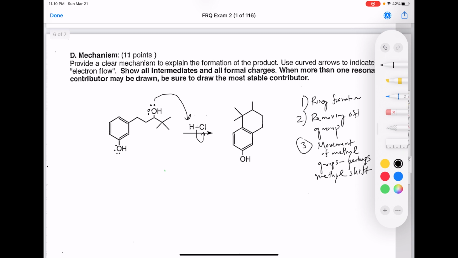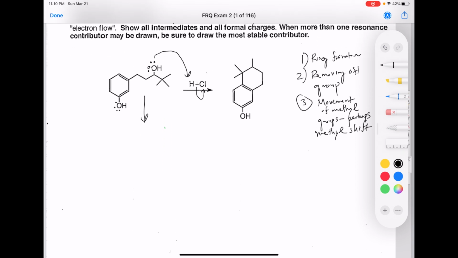And what's going to occur is the formation of a positively charged water substituent. And as you know already from previous tests and questions, this group is a very good leaving group, because once it leaves, it forms water molecules, which are incredibly stable. So this is indeed a good leaving group.